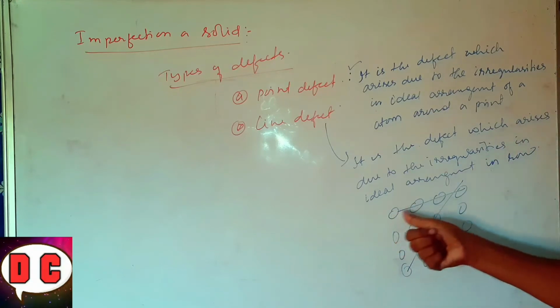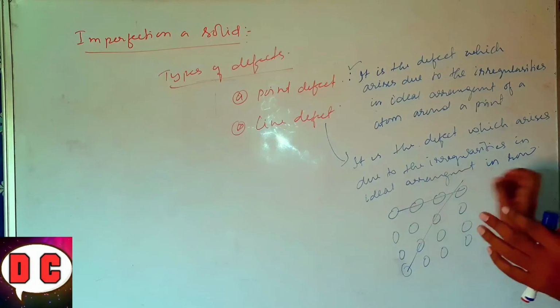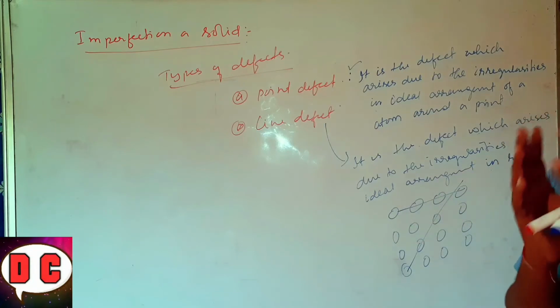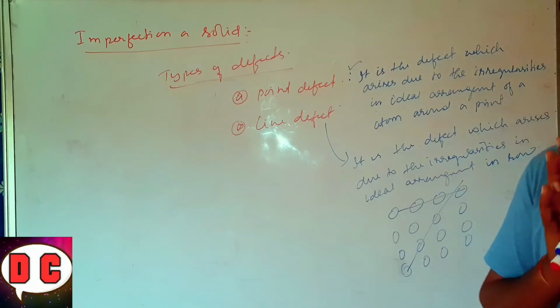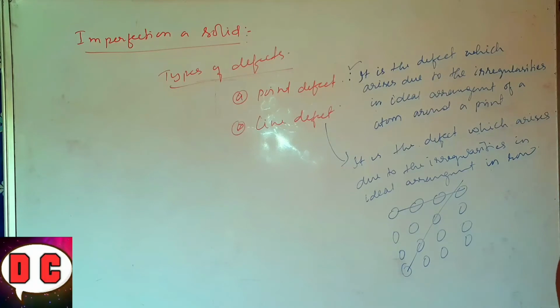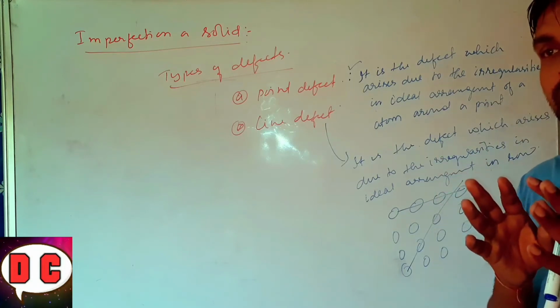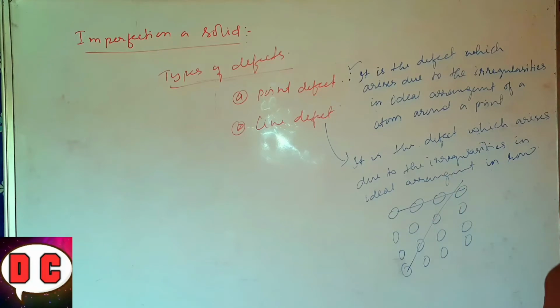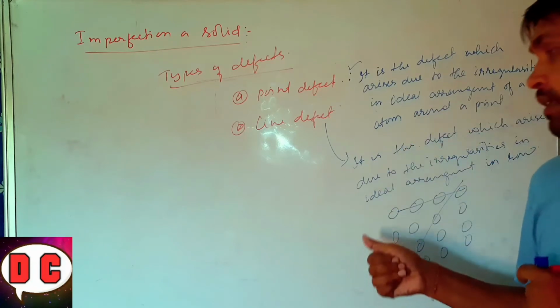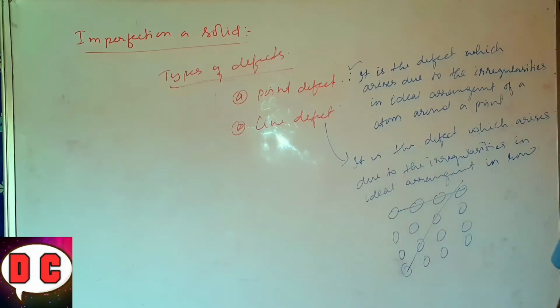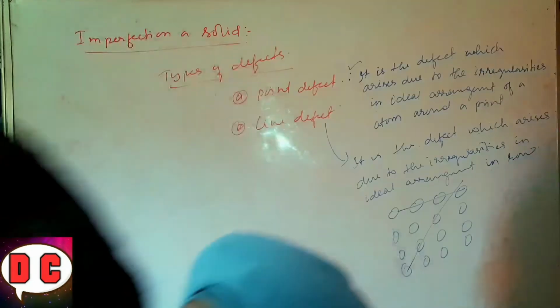So if in the entire row there are irregularities from the ideal arrangement, and ideal arrangement means how the constituent particles are normally arranged, then under that, if there are some faults or defects in one line or two lines, that will be called a line defect. I hope, dear students, you have understood.